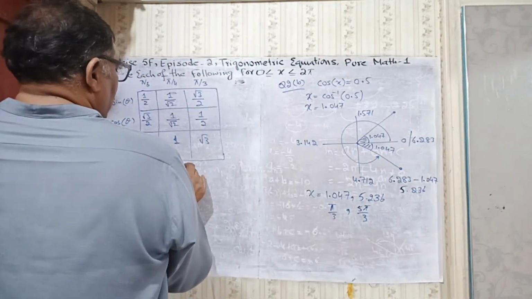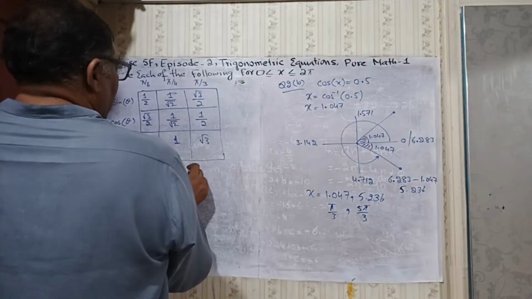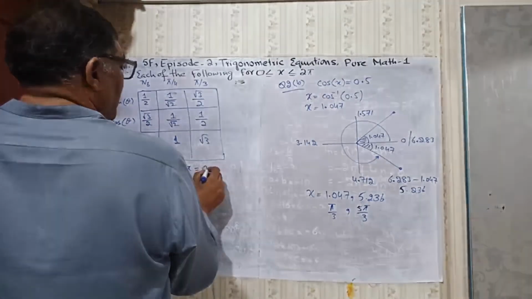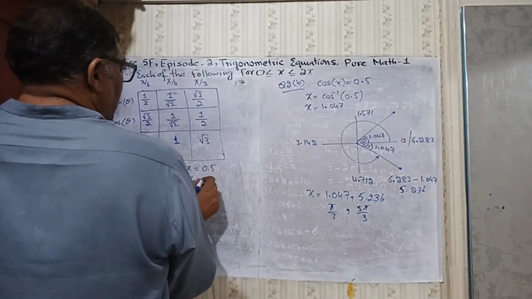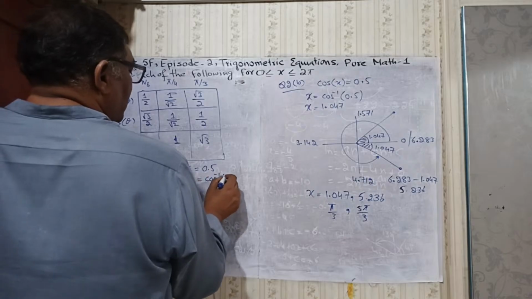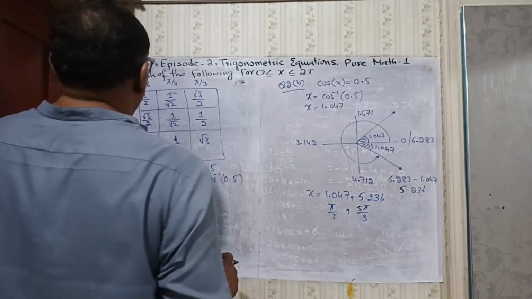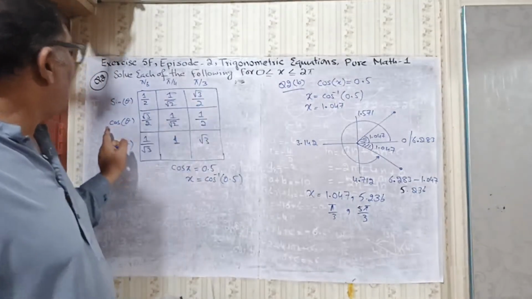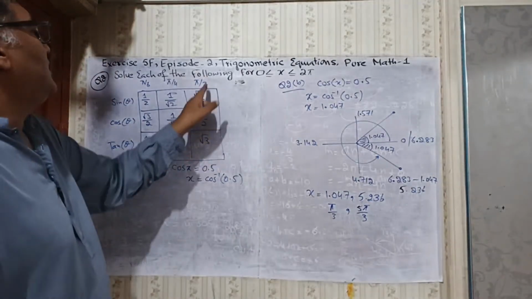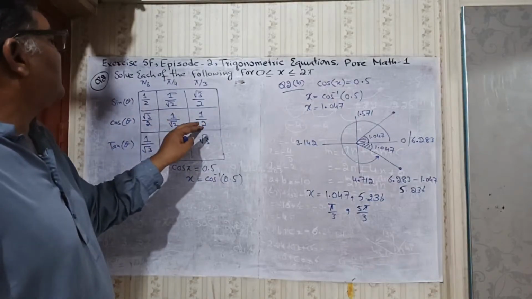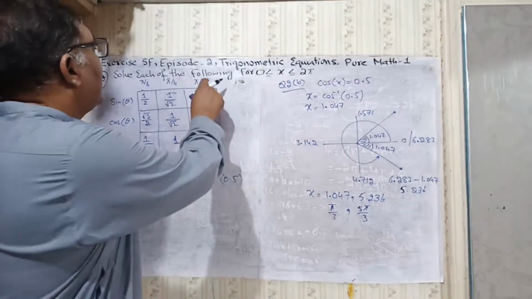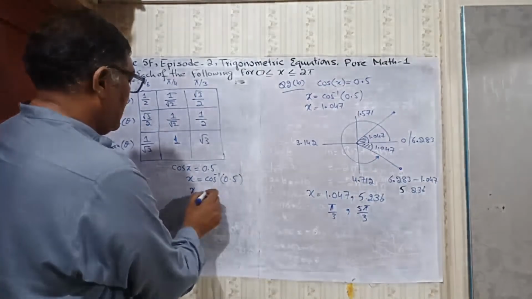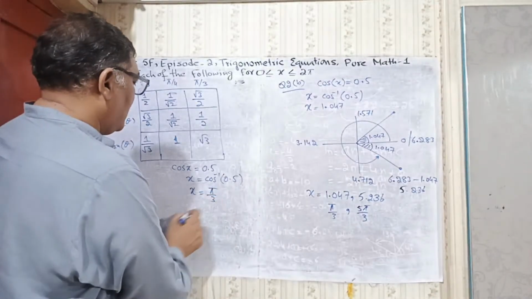So if you have cos of the x equals 0.5, then x will be equal to the cos inverse of 0.5. So cos, where is 0.5? Here. So when you take the inverse of 0.5, your answer will be pi by 3. Pi by 3 radians.